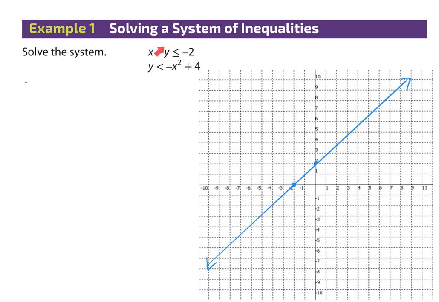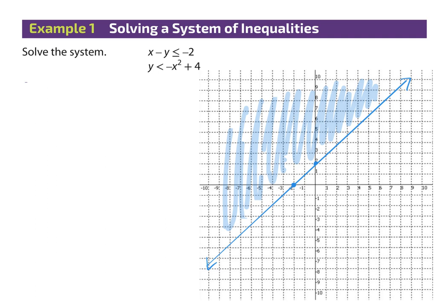Because I have a negative in front of this, and had I put it in slope-intercept form, my y would actually be greater than, because that negative in front of it would have flipped my sign. So this is actually going to be shaded above it because of that negative. If it were a positive in front of my y, I would shade below it because it's less than. But the negative tells me that were I to put this in slope-intercept form, I would have to flip it, okay?